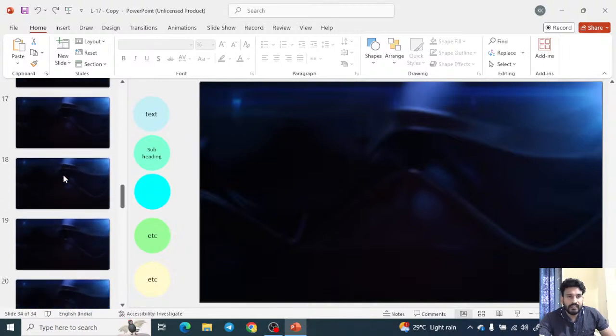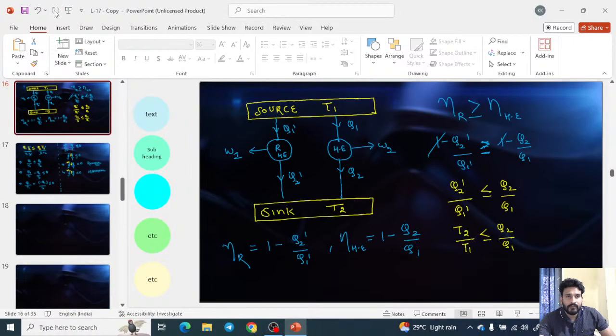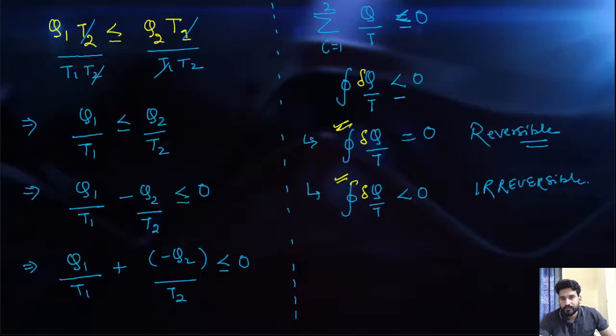It's gone, I think. Okay, no worry. So make the TS diagram.